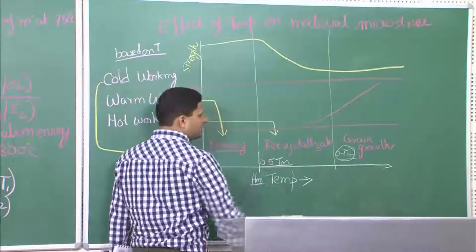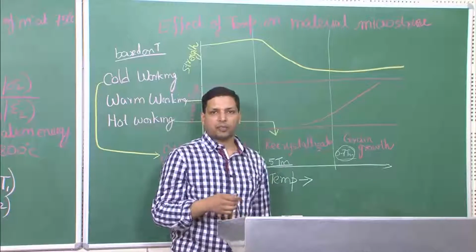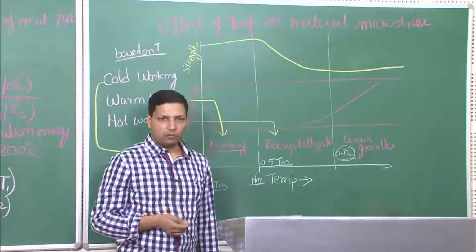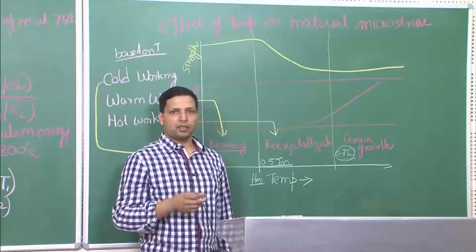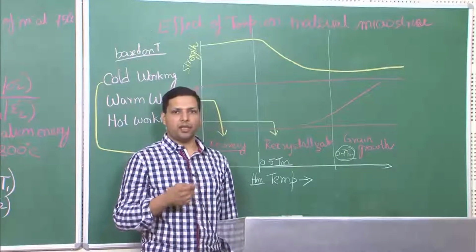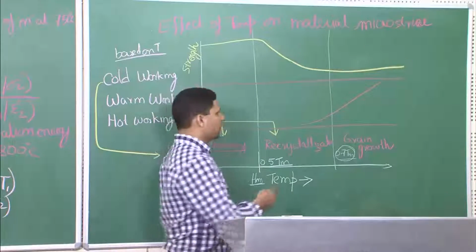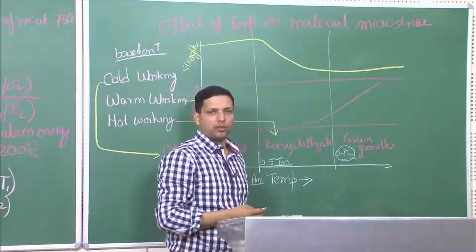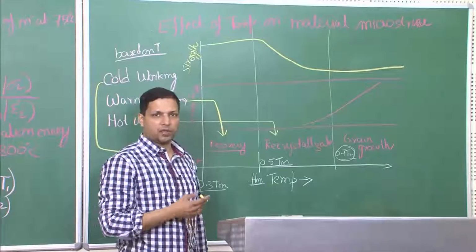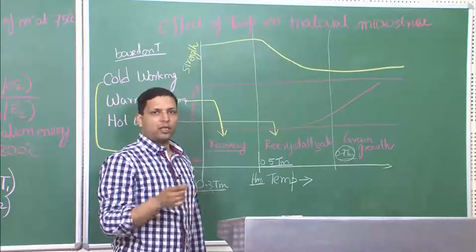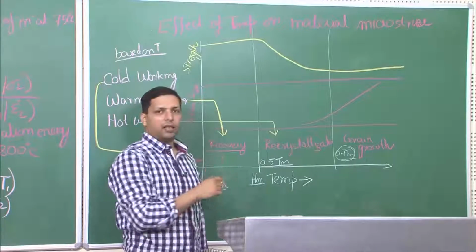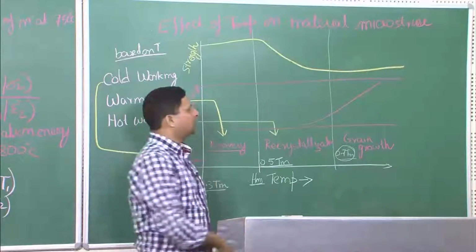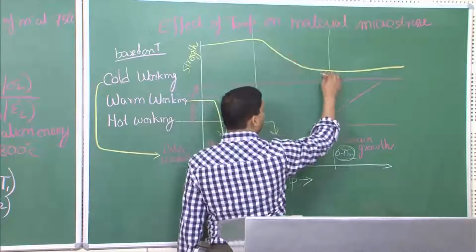When you get to recrystallization, the old deformed strained grains start to get replaced by new strain free grains, and those strain free grains lead to a reduced strength. Of course, they have some additional advantages, but they also have the disadvantage of less strength, and therefore the overall strength of the material starts to decrease.